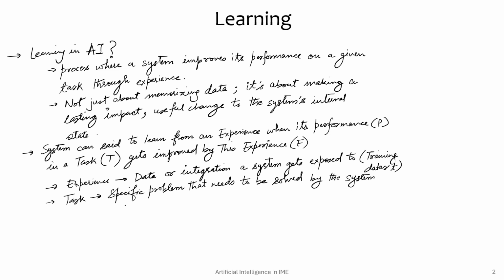There are many classical examples of a task in artificial intelligence systems, like one of those is prediction of housing prices. The last thing that we have used to define this learning process is the performance.